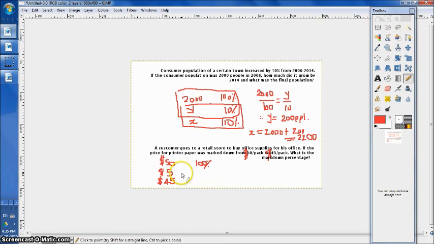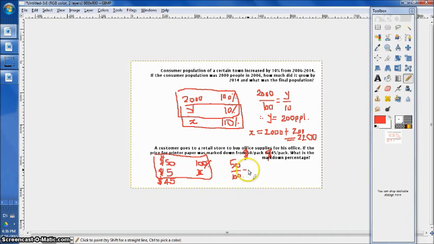I don't know the percentage it went down by, nor do I know the final percent. But here, we're talking about the markdown percent. So basically, what I'm going to do is solve for this first half, and I get my markdown percent. So I know $50 over 100 base equals 5 over x.